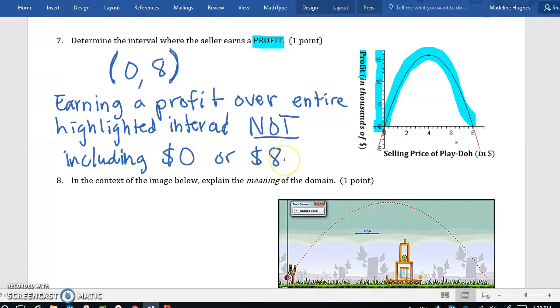The reason is that if you sell Play-Doh for $0, meaning it's free, you're not going to make any money. And if you sell Play-Doh for $8, it looks like it just got too expensive, so people didn't buy it. You didn't make any profit if people aren't buying. So that's why we're doing 0 to 8, not including 0 and 8, just those open brackets.